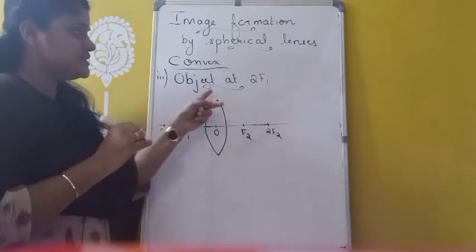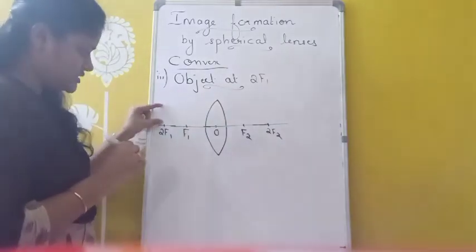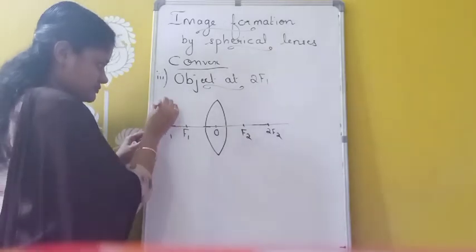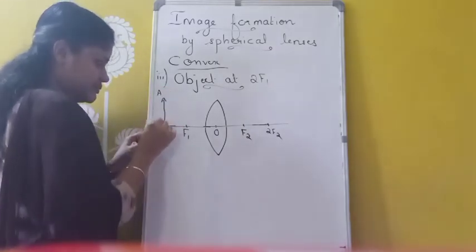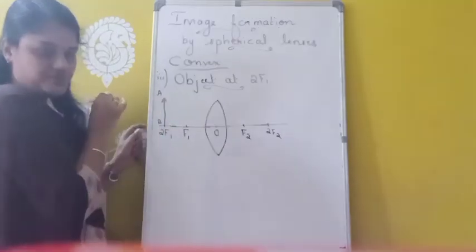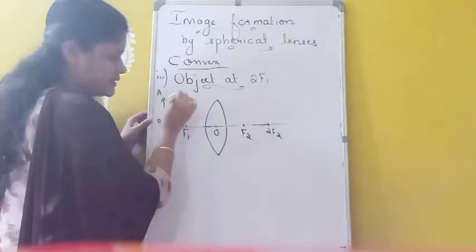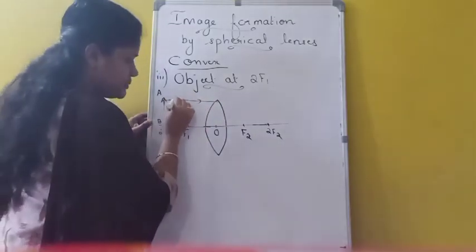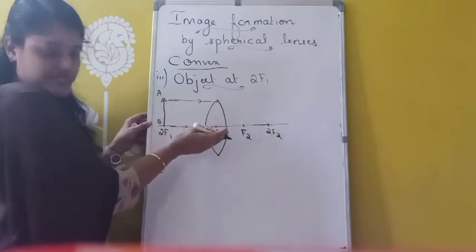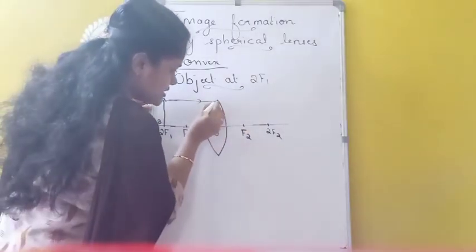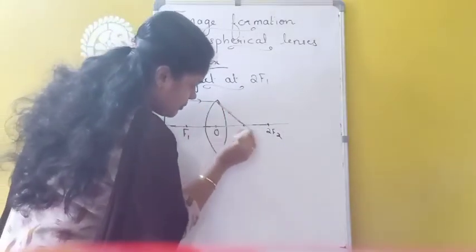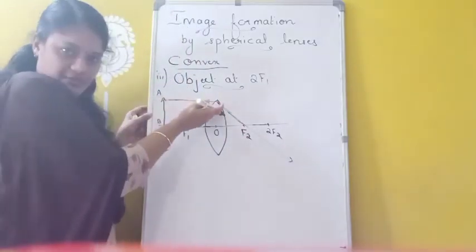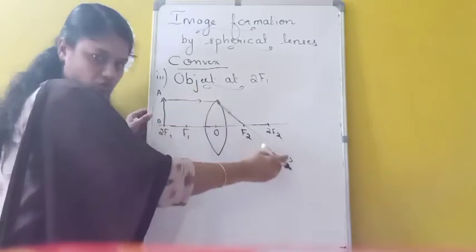Here, the object is at 2F1. That means we are placing the object at 2F1 itself. So this is the object. Take it as AB. So AB is the object, and consider one light ray passing parallel to the principal axis. After refraction it passes through the focus.